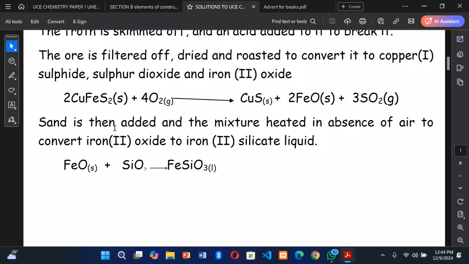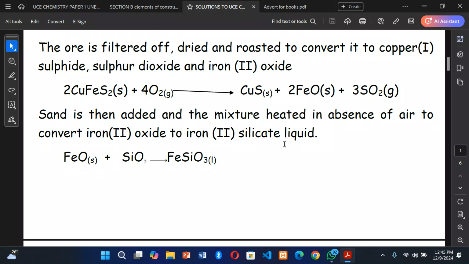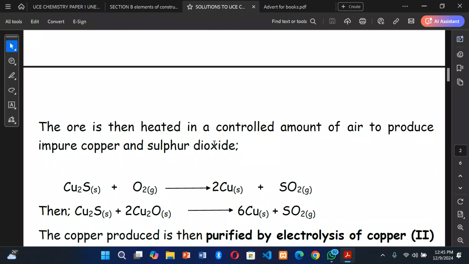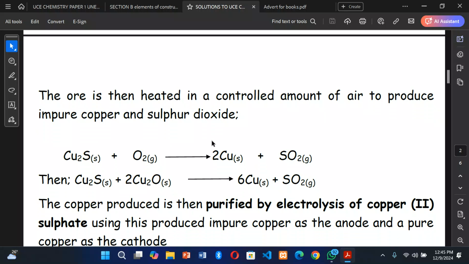Then sand is added, and the chemical name of sand is silicon 4 oxide. So sand is added and the mixture heated in absence of air to convert iron 2 oxide to iron 2 silicate liquid, as it is elaborated here in the chemical equation.